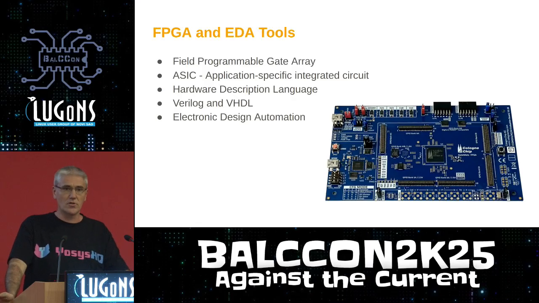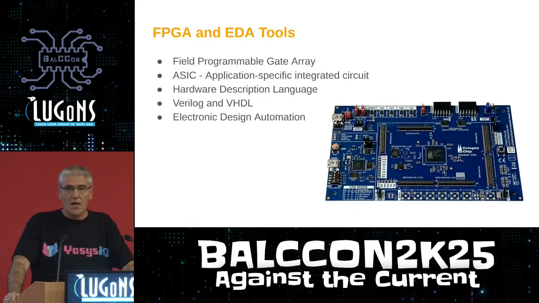So you are actually not programming, but creating hardware by writing in the syntax of Verilog or VHDL. The complete set of tools that we use for design automation is called electronic design automation, and those are EDA tools.